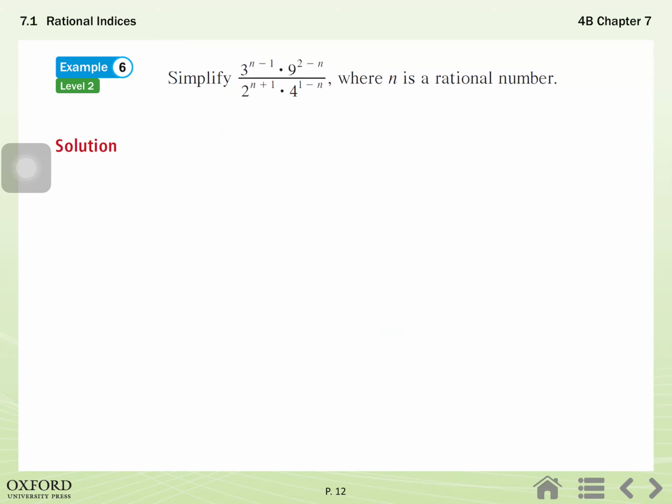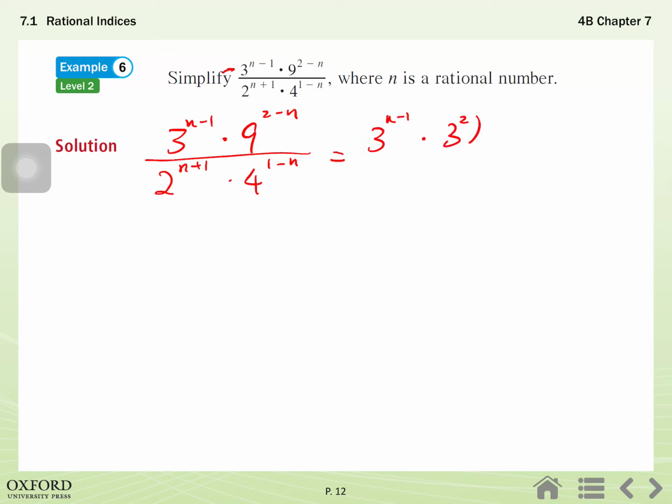Next one, another type of question. There is no unknown A on the base. Instead, they change to numbers. However, no worry. You should be able to notice the clue that they are related. So what does it mean? You can keep 3 as 3, but 9 you can turn into 3 to the power 2.